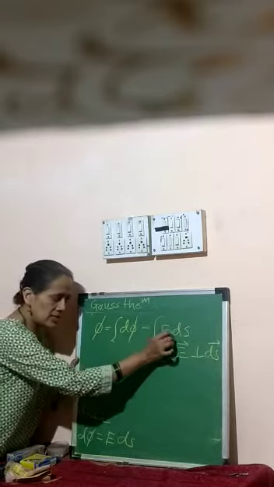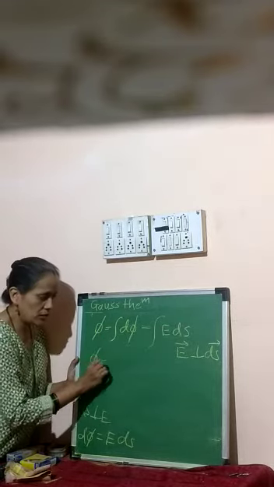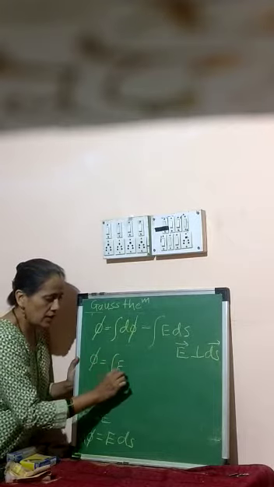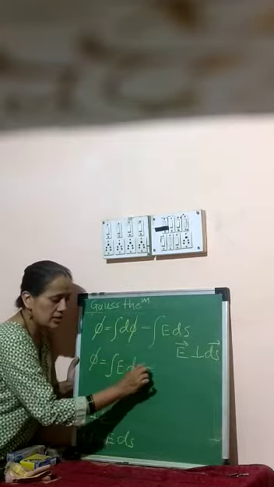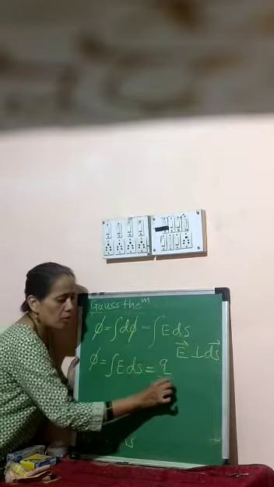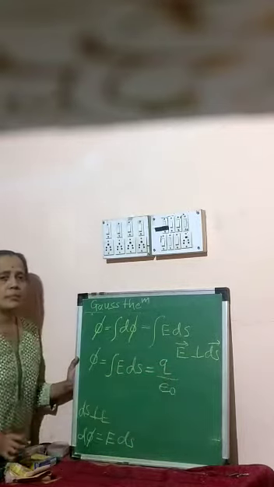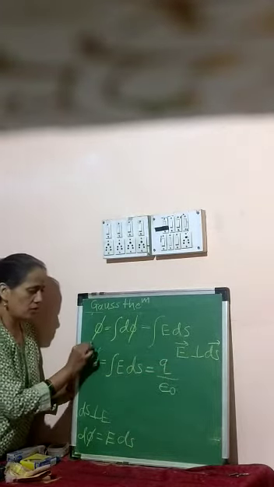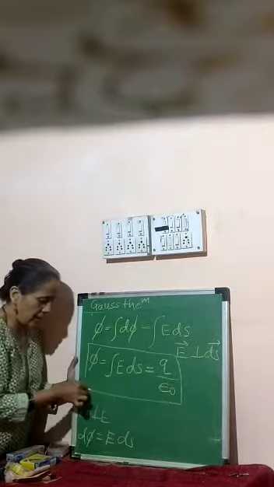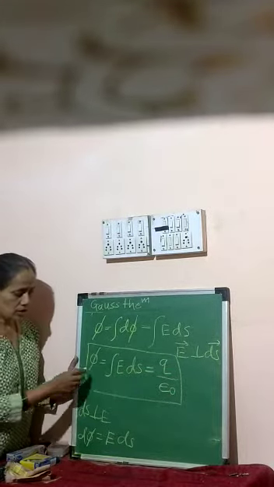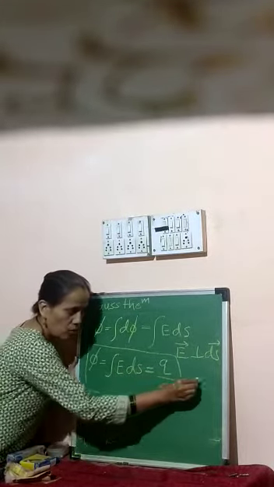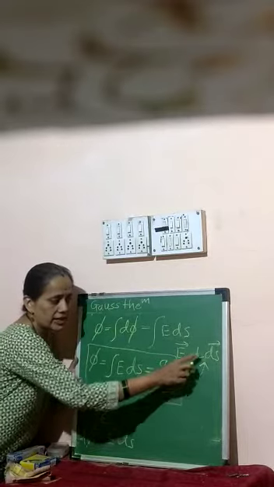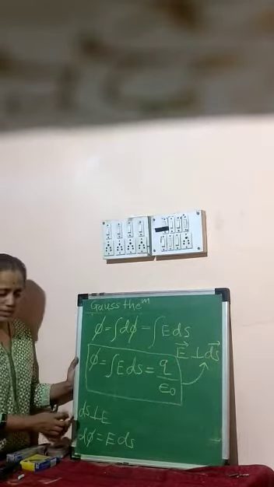And this phi, which is the integration of E into ds, is equal to Q upon epsilon naught. This Gauss theorem you have studied in 11th standard. It is written only when the direction of electric intensity is perpendicular to ds.